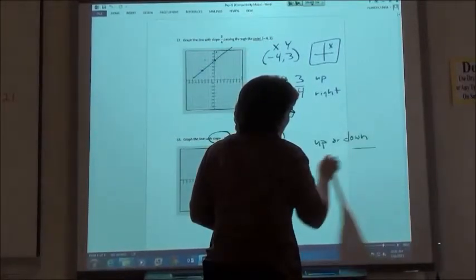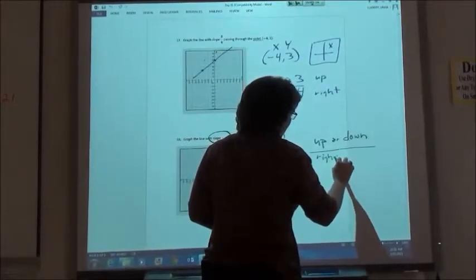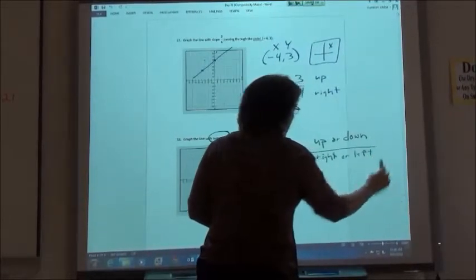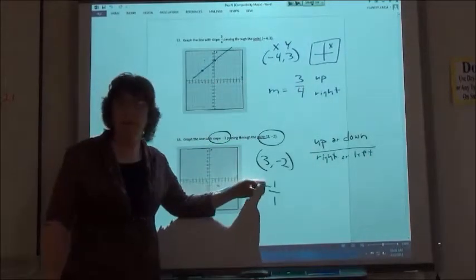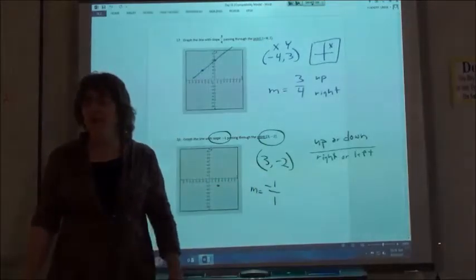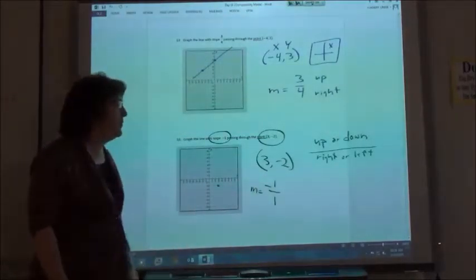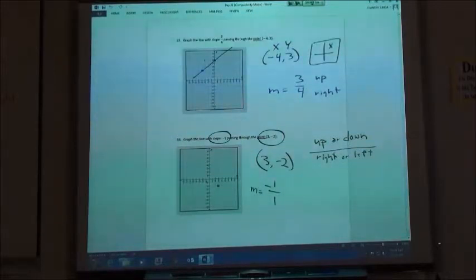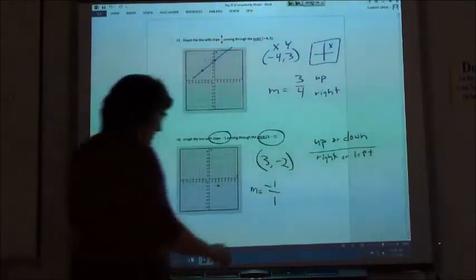Up or down? The change in y, up or down. So if my slope is -1, if there's a -1 on top, which direction am I going to go? If it's negative, which direction do you go? You go down. I'm going to go down 1, right?